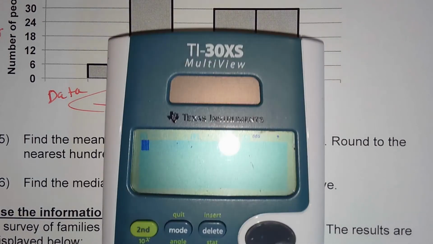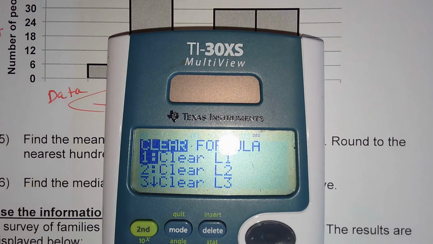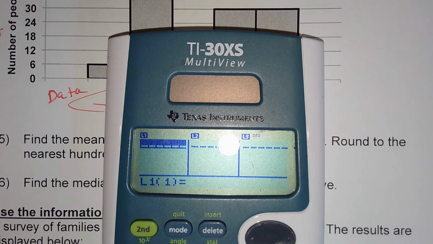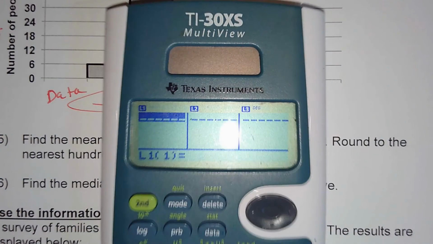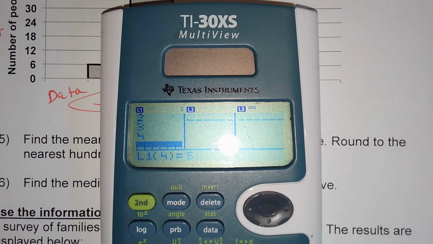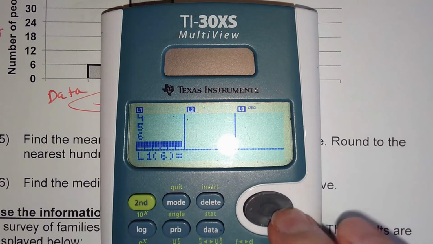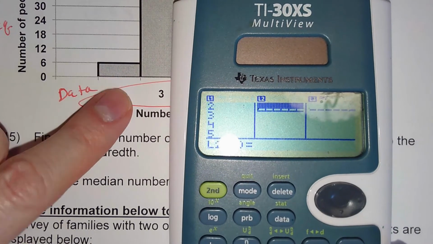So, we're going to go to our data. I have all data, so I'm going to hit the data again. Option 4 to clear it. And then my data here is 2 through 6. So I'm going to enter 2, 3, 4, 5, and 6. Now frequency for the 2 was 6.